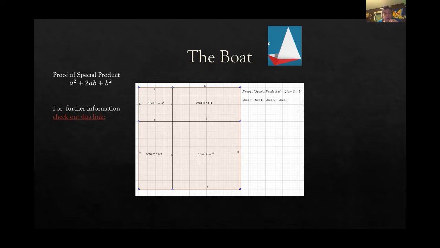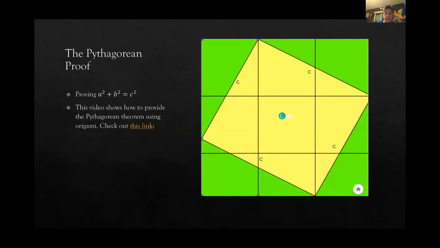And so once again, there's a link. You can watch it. You can see how they correlate the fold and they unfold the paper, and you'll see the areas calculated. So if we go forward to the next one, this is basically the Pythagorean theorem.